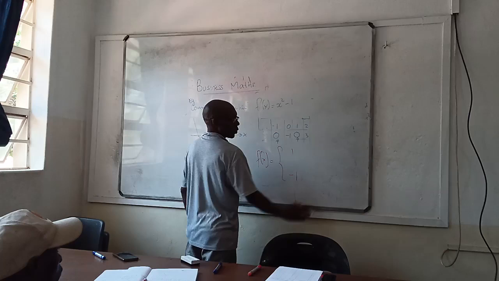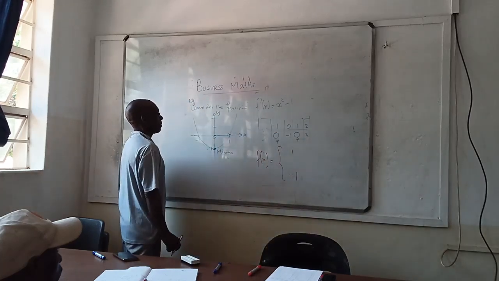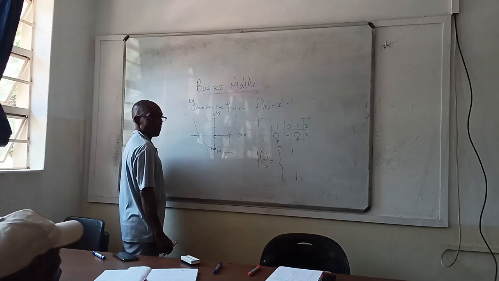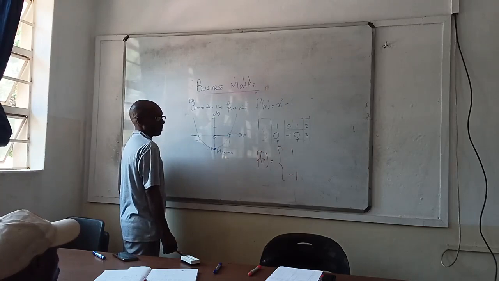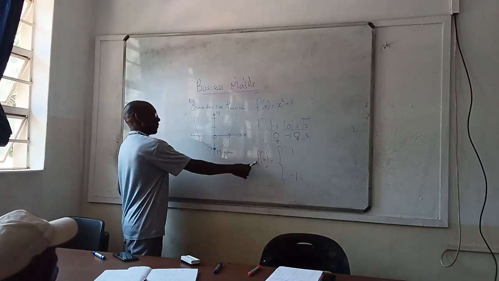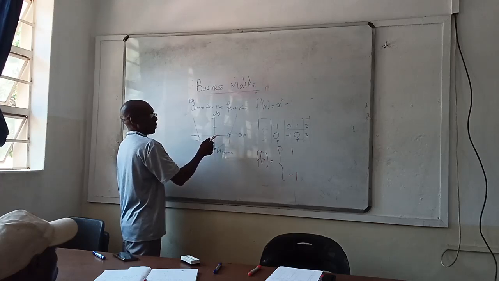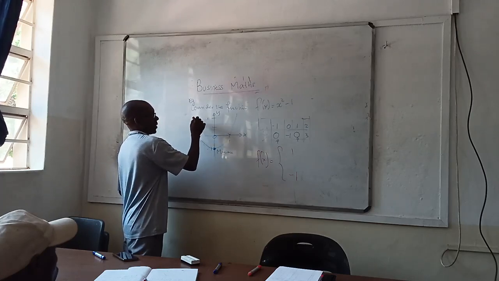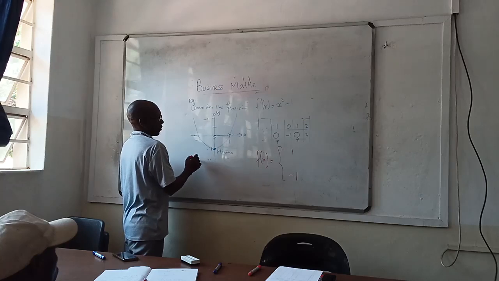If I don't give you the condition, it means y is 1, right? So this is a graph of y equals 1. What is changing is x, right? For the graph of y equals 1, you have to have 1 somewhere, you put it there. -1 here, you put it there.